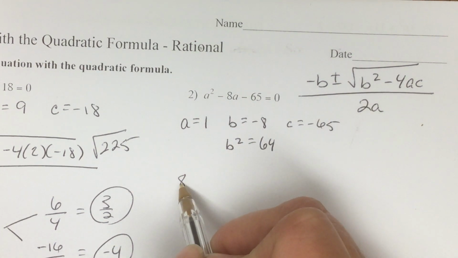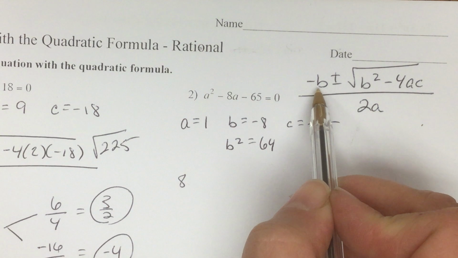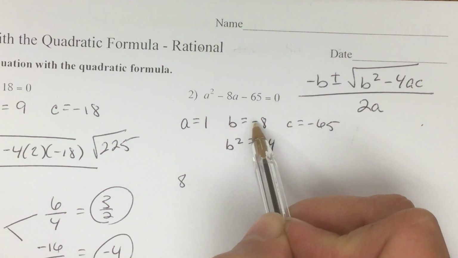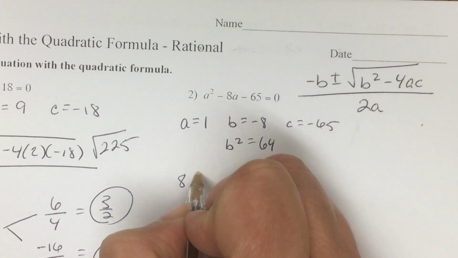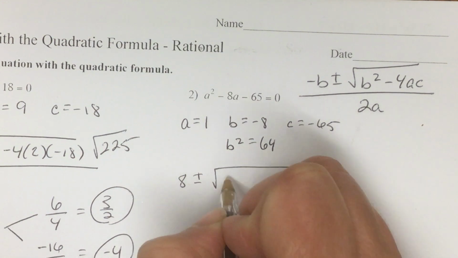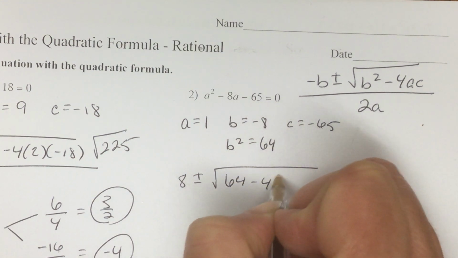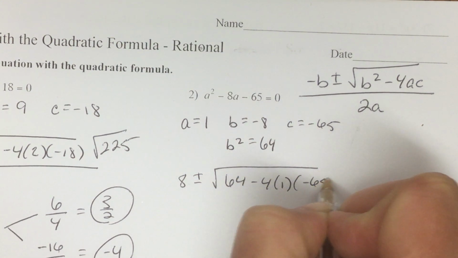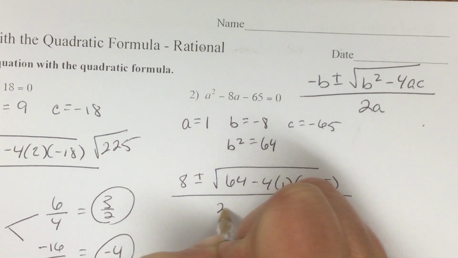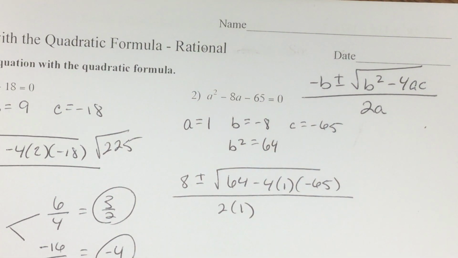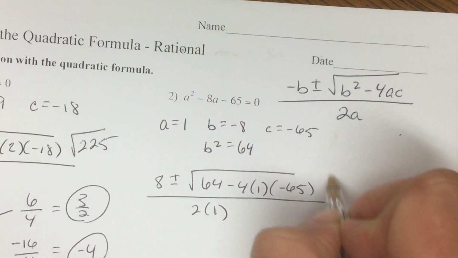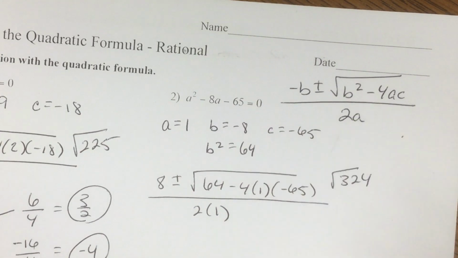So this number that starts the formula is always the opposite of whatever sign B is. Plus or minus radical B squared minus 4ac all over 2a. So you take your calculator, 64 minus 4 times negative 65 is the square root of 324.